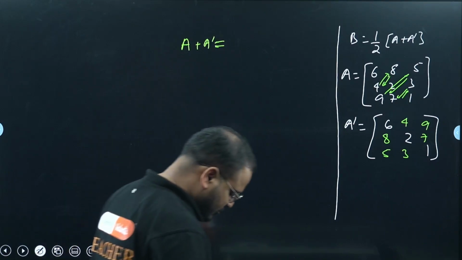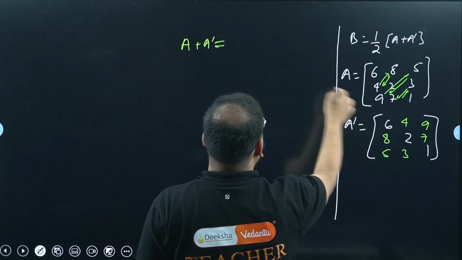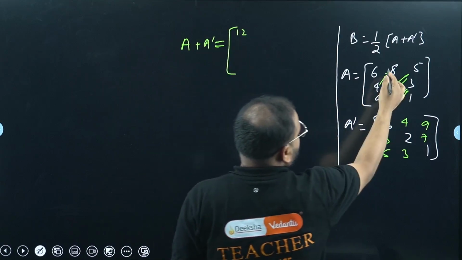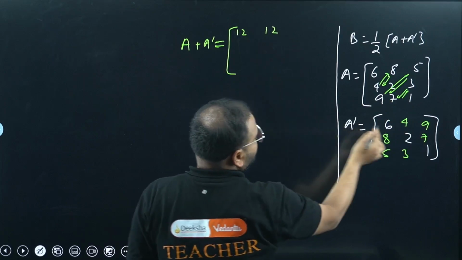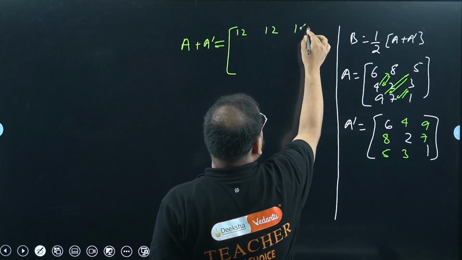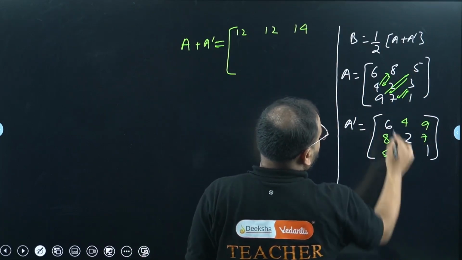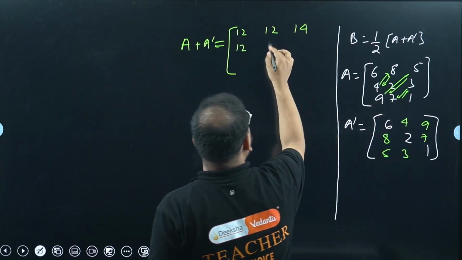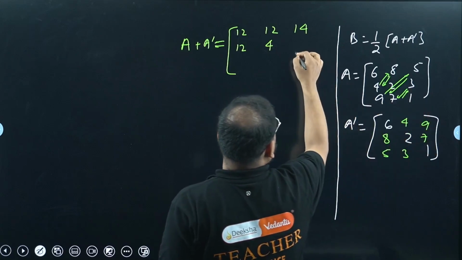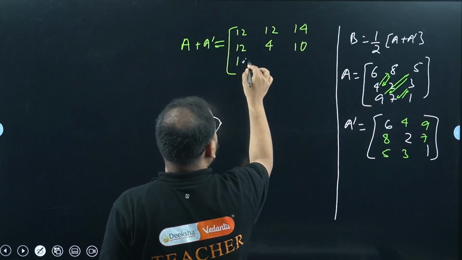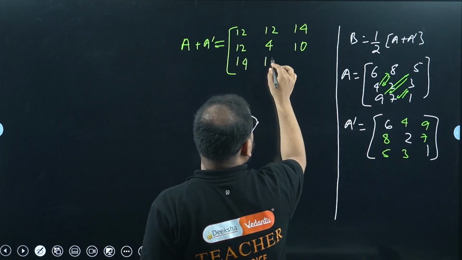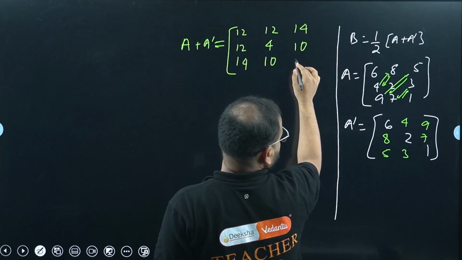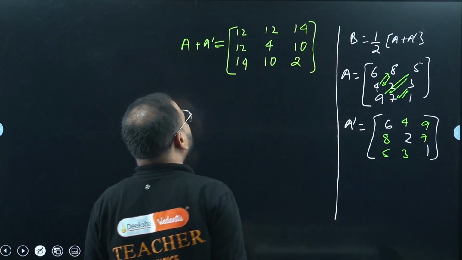If I do that, our matrix looks like this: 6 plus 6, 12, 8 plus 4, 12, 5 plus 9, 14, 4 plus 8, again 12, 2 plus 2, 4, 3 plus 7, 10, 9 plus 5, 14, 7 plus 3, 10, and 1 plus 1 is 2. This is my A plus A prime.